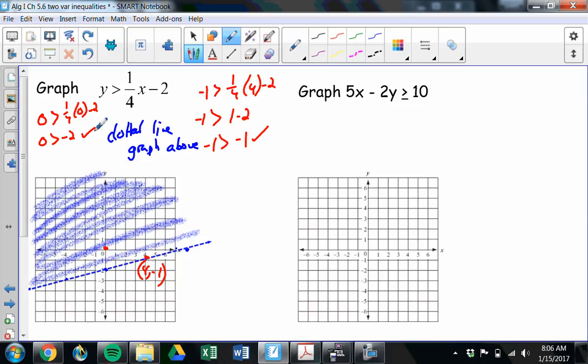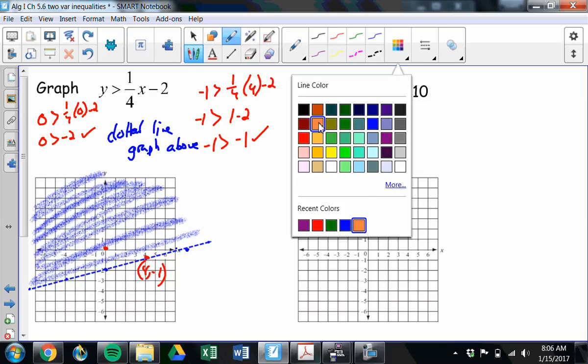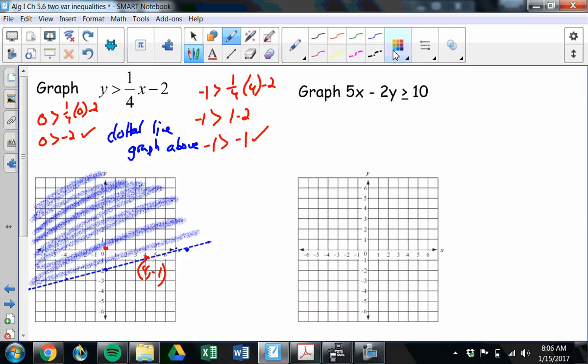This last one is not in slope-intercept form. It's in standard form. You can graph it using our same tricks as before. With standard form, you have ax plus by equals c, and we know that the slope is -a over b, which would be -5 over -2. We know the x-intercept is c over a, which is 10 over 5, which is 2.